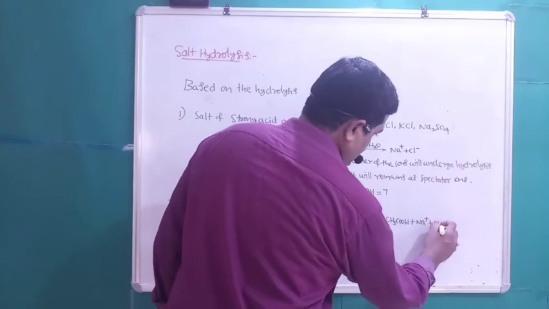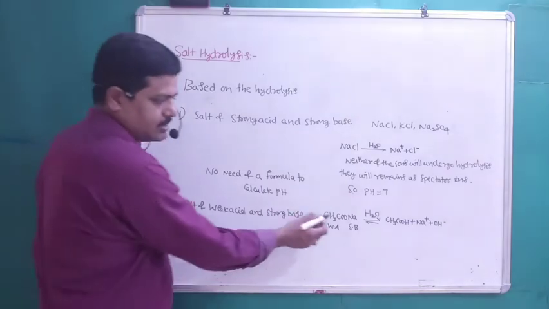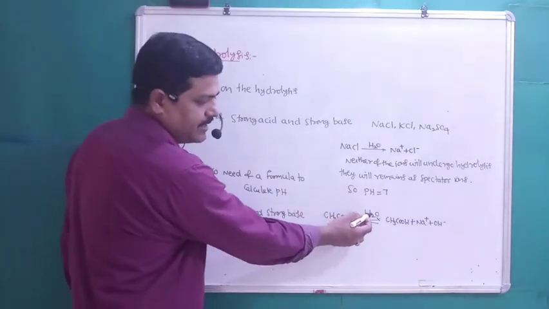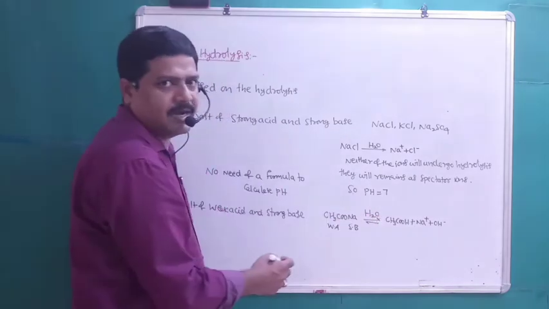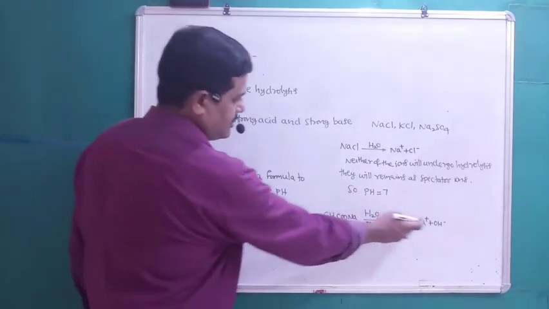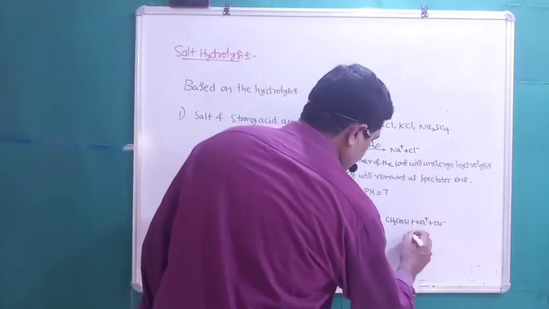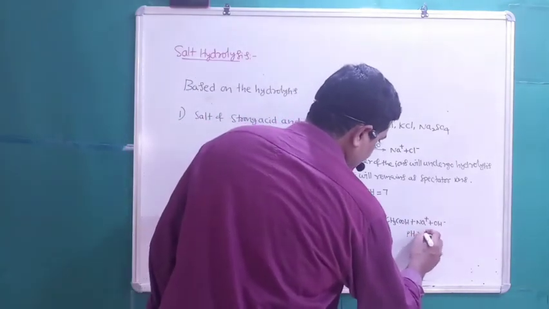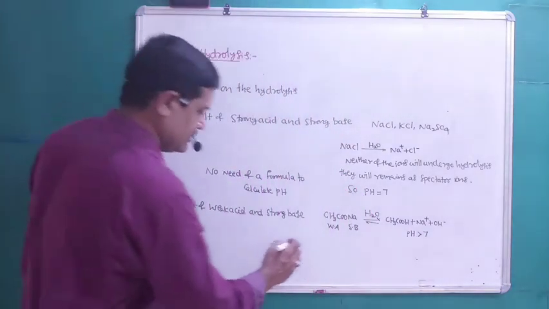The concentration of OH minus in the solution increases because the acetate ion takes H plus from the water, which gives some OH minus. Due to the increase in the concentration of OH minus, the resultant solution pH is greater than 7. So the salt is called an alkaline salt.